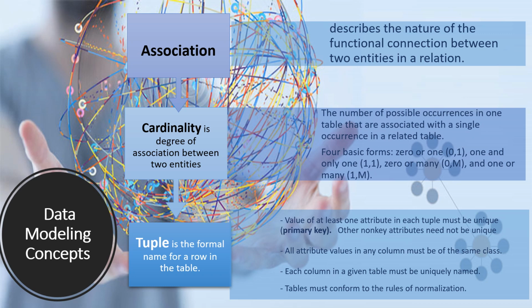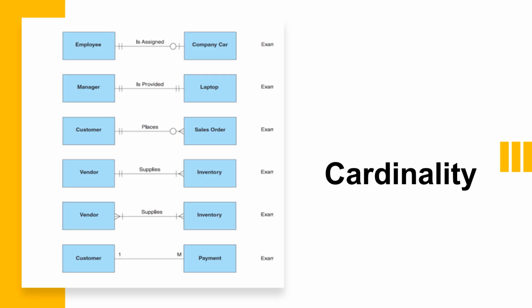And normal form 1 we will discuss in a short while, but those conditions, especially this one, that all attribute values in any column must be in the same class, is one of the conditions for normal form 1. And also each column in a given table must be uniquely named, and the last one is also related to it.